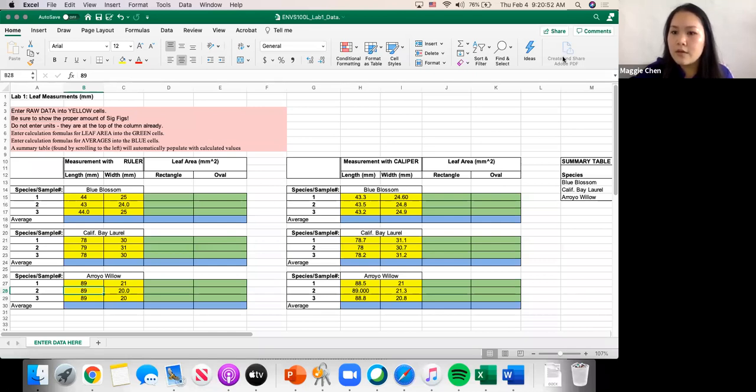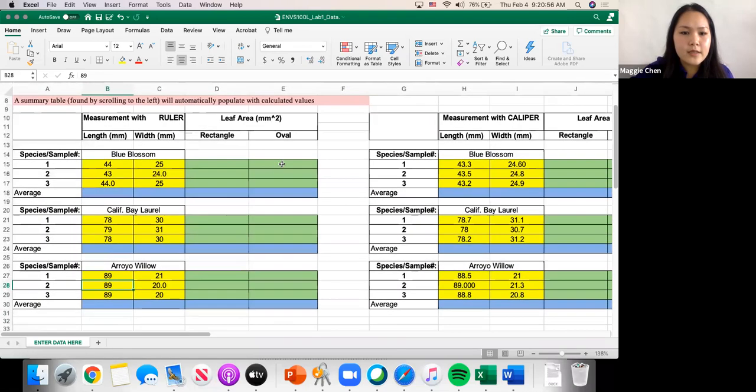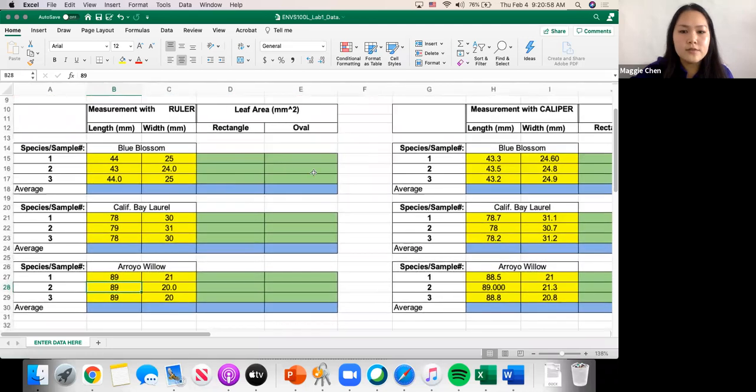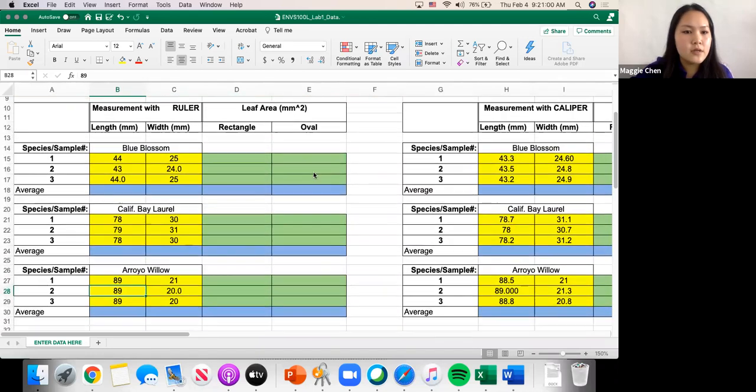Okay, awesome. So what we're going to want to do is get our leaf area and do some calculations on Excel. And from here, if we wanted to get the leaf area for a rectangle, we know that for that, we would just multiply length times width. And one way to get this leaf area is we can start our equation by first typing in an equal sign.